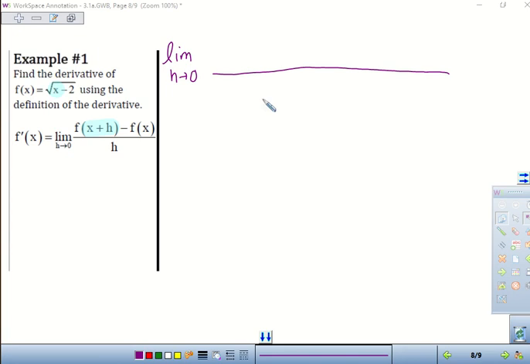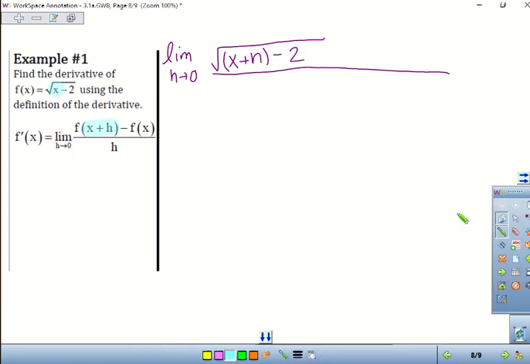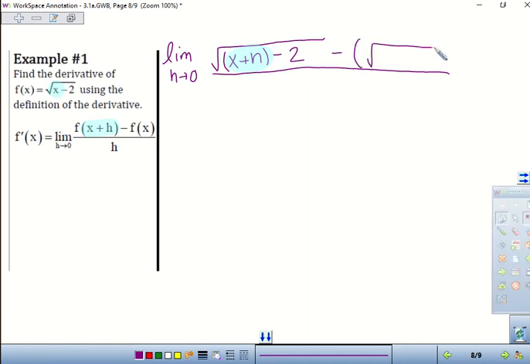So first thing we're going to do is rewrite this, but we're replacing x with x plus h. Okay? So you see how I just took this function, but I replaced x with x plus h. Okay? Second part of the formula is minus the square root of x minus 2. And this is all over h.